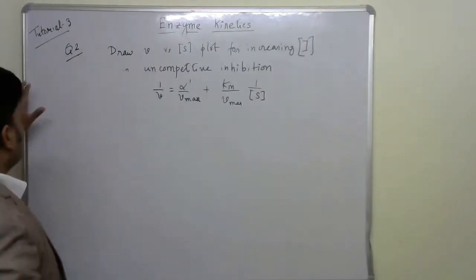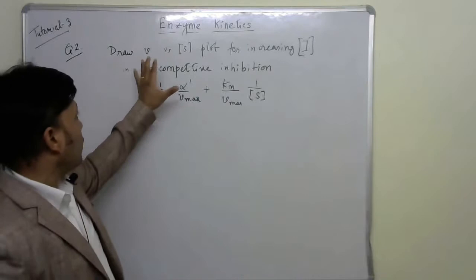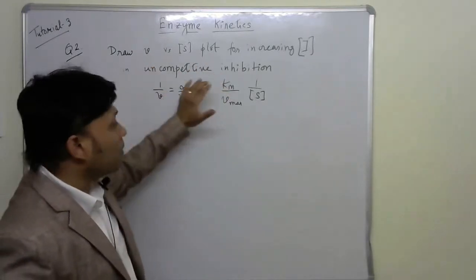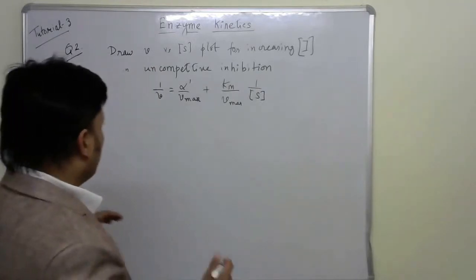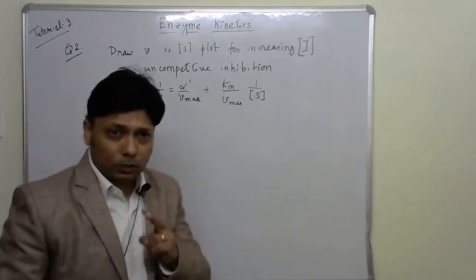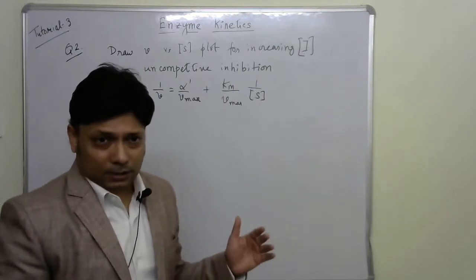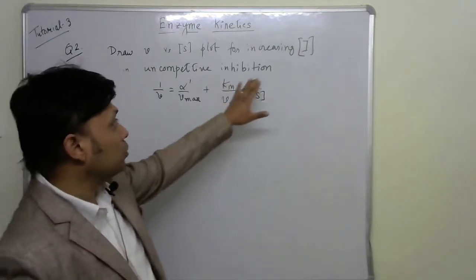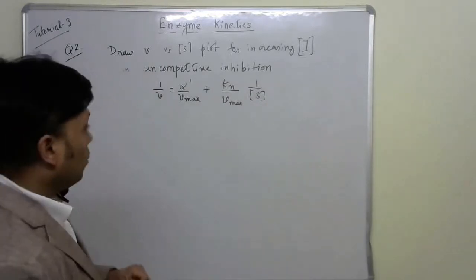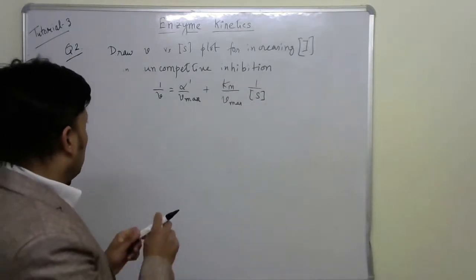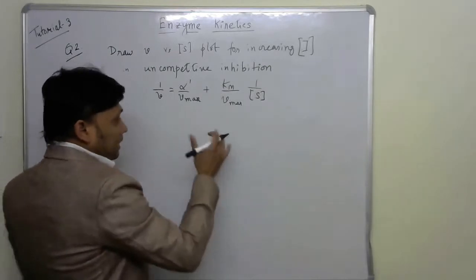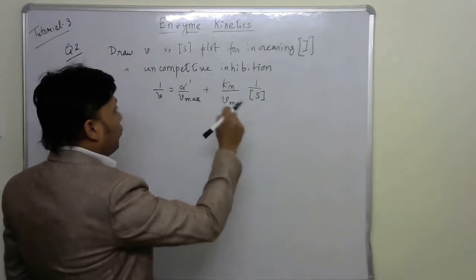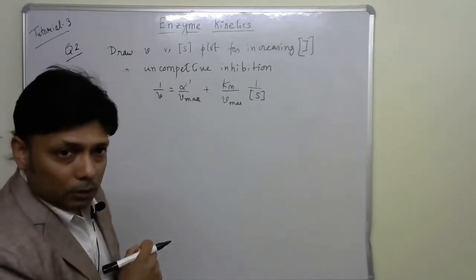So the next question says, draw velocity versus S plot for increasing I in case of uncompetitive inhibition. So once again, before we proceed to draw, we have to understand two things: how apparent Vmax and apparent Km change with respect to increasing I. For the ease of understanding, I have placed the Lineweaver-Burk form for uncompetitive inhibition.